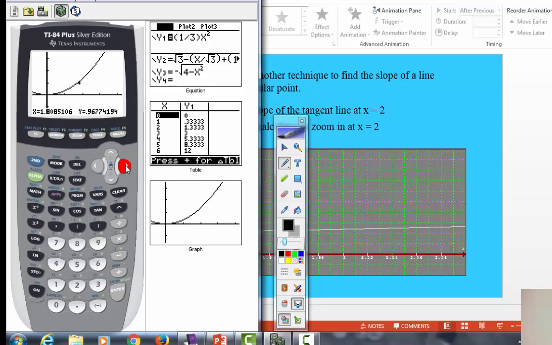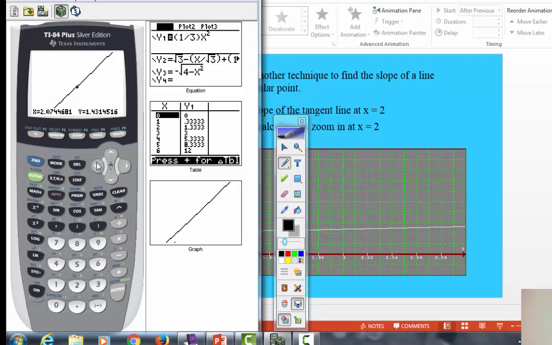Let's move it over just a little bit more to where x equals 2, and then we'll go up to the graph, and then I'll hit enter again, and it will zoom in again. And if I zoomed in again, and then I'll zoom in one more time.